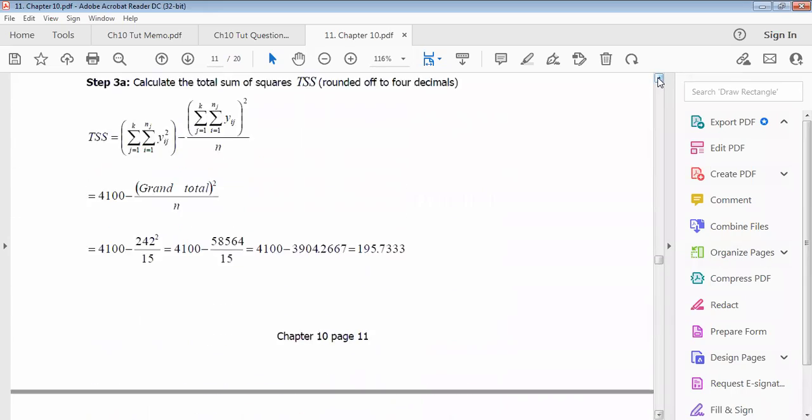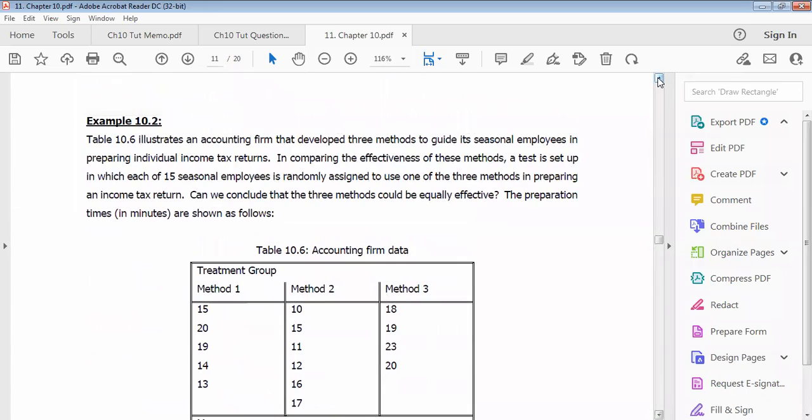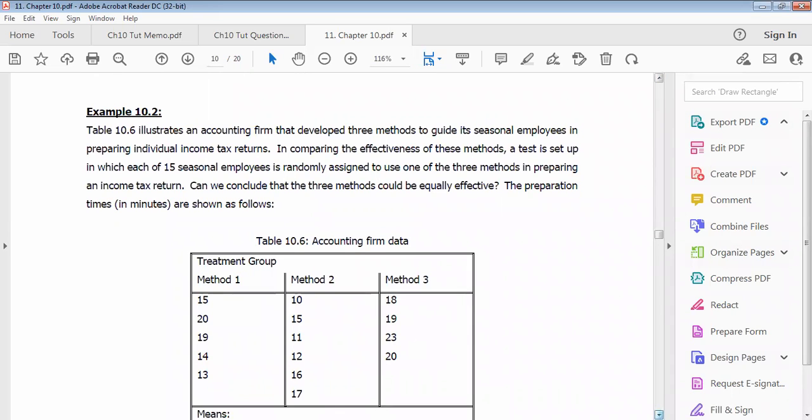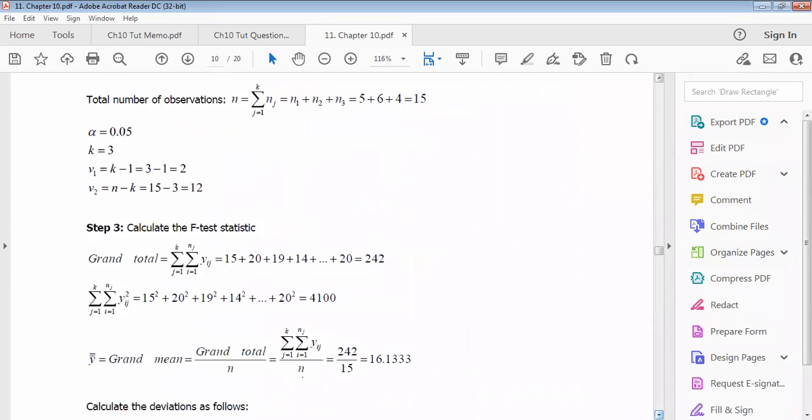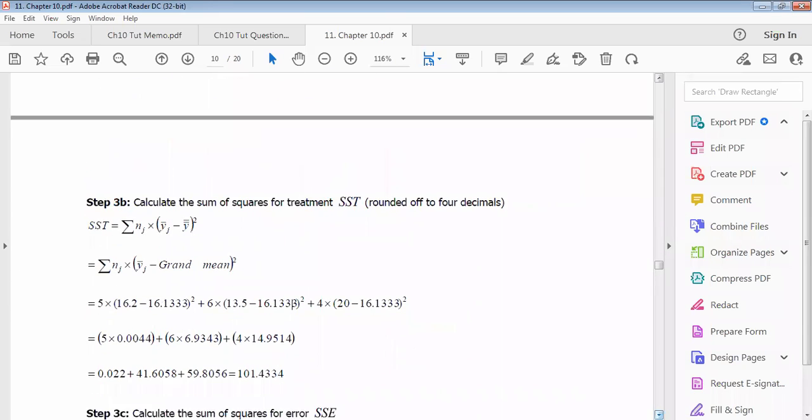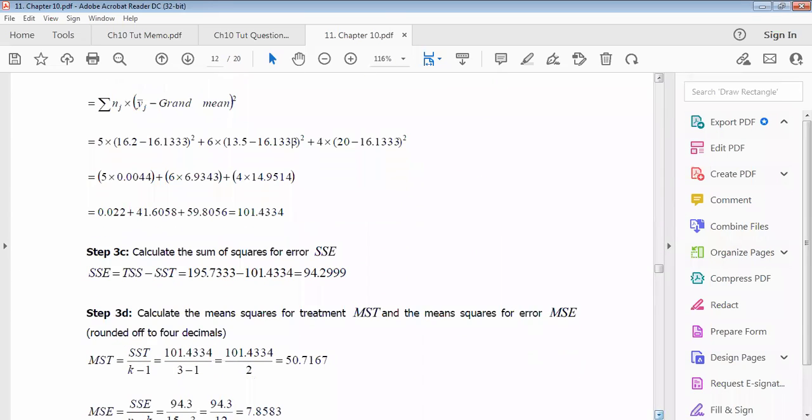For the third method, you have here how many? 1, 2, 3, 4. Okay, 4 times the mean. The mean is 20 minus the grand mean, you square it.